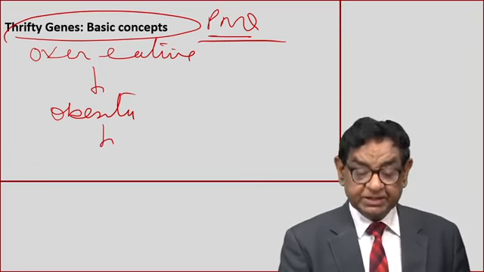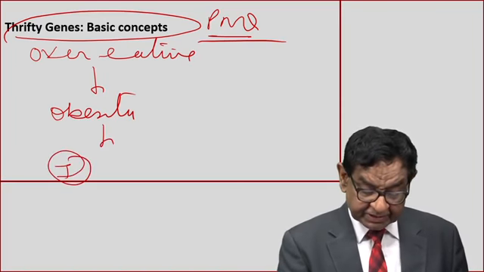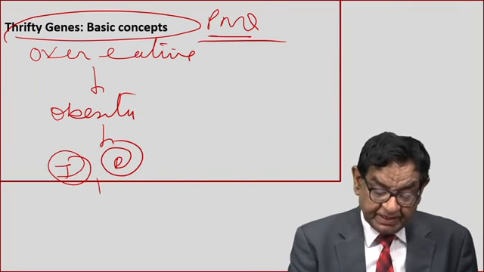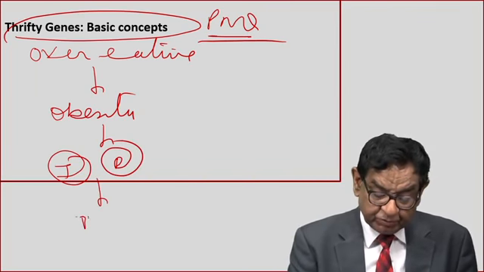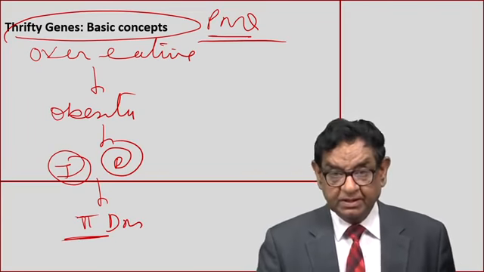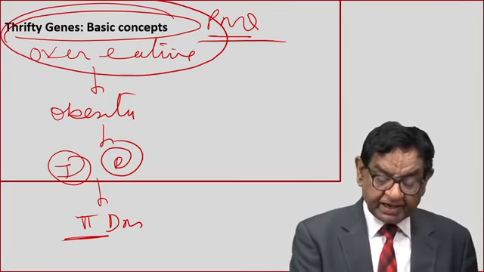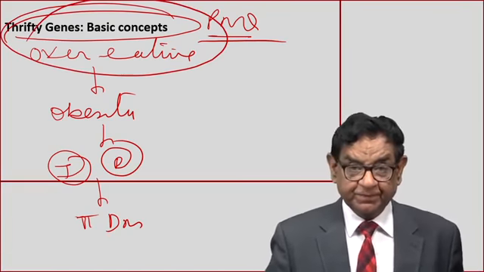Obesity leads to insulin resistance, I for insulin, R for resistance, and that leads to diabetes, type 2 diabetes. Okay. So first we learn what this is, why they are related, and how the thing works.